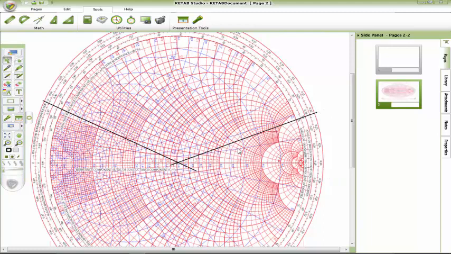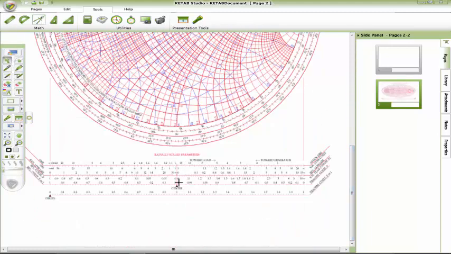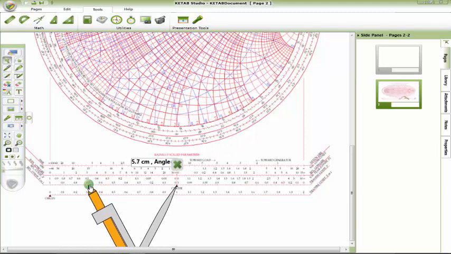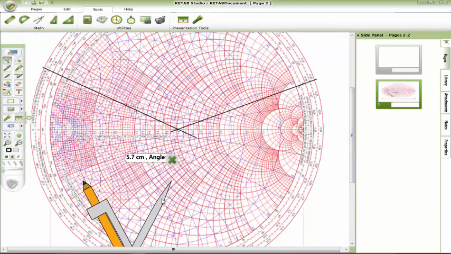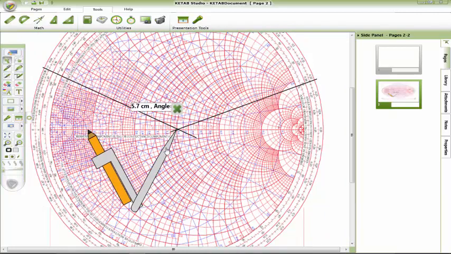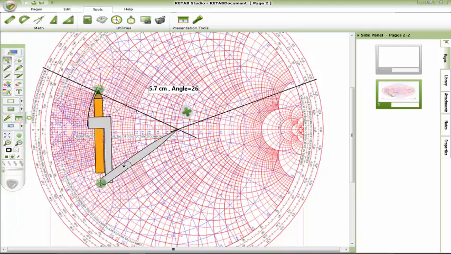Then we take the compass and open it to 0.7 for the load circuit, and we want to make a bow.